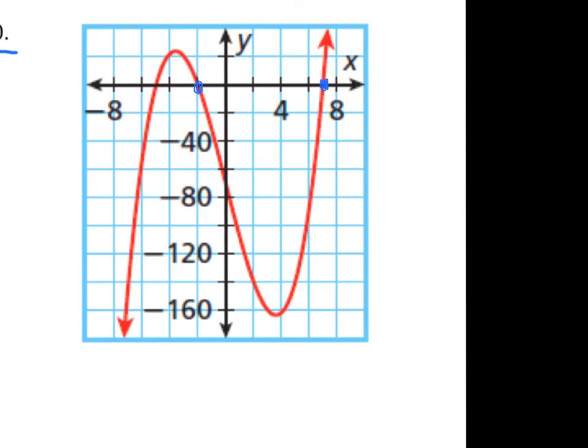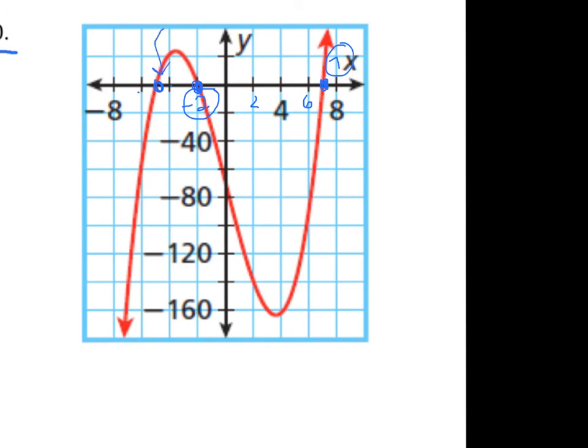Here, here, and here. So according to the scale, it's going by 2s, 2, 4, 6, 8. So halfway in between the 6 and the 8 is 7. So 7 is one of the values. This would be -2. So -2 is one of the values. That'd be -4 and -6.